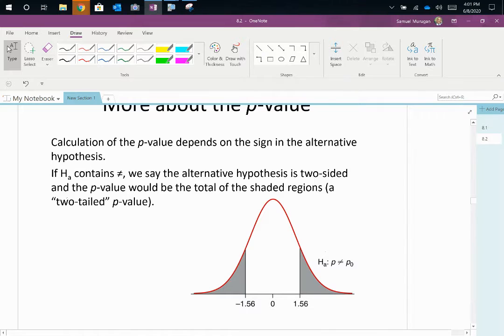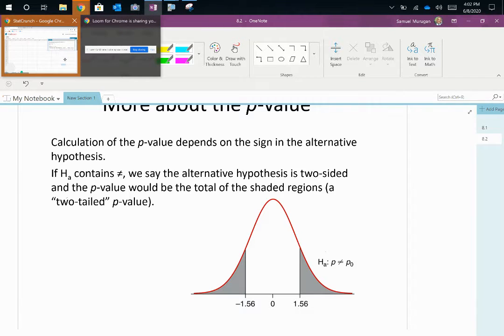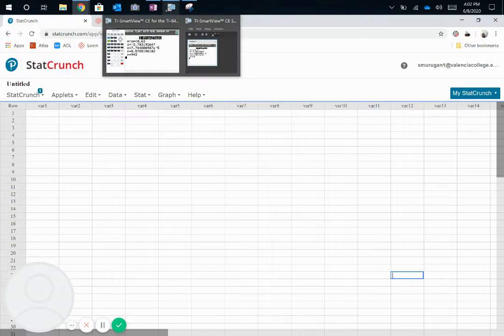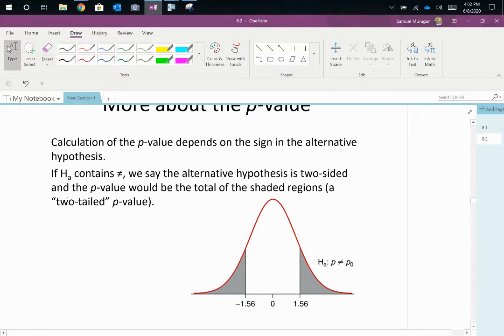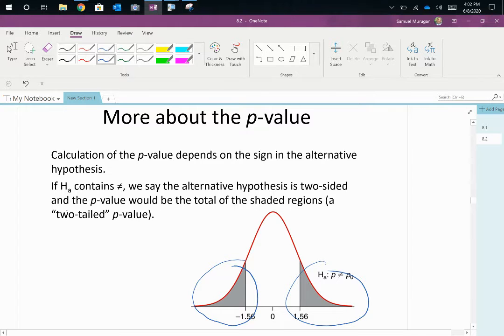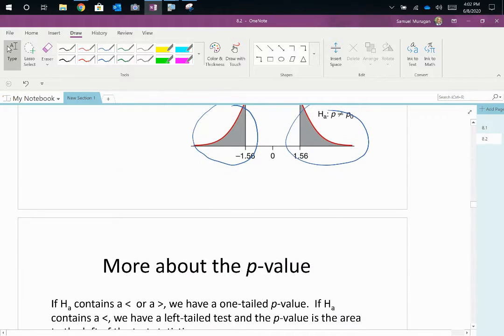All right, other things to consider with StatCrunch is that let's close this for a second so we don't have issues here. If we're looking at figures and we have a balance on the left and the right, but in this case negative 1.6 and positive 1.6, we describe this as a two-tailed p-value for the alternative hypothesis.